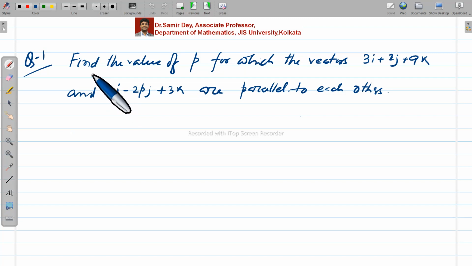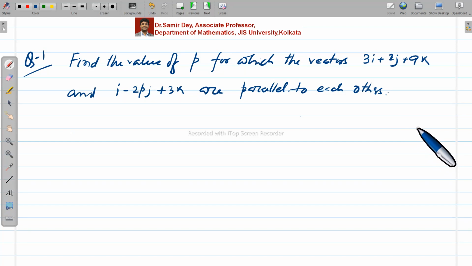Find the value of p for which the vectors 2i plus 3j plus 9k and i minus 2pj plus 3k are parallel to each other. It's a very interesting part.